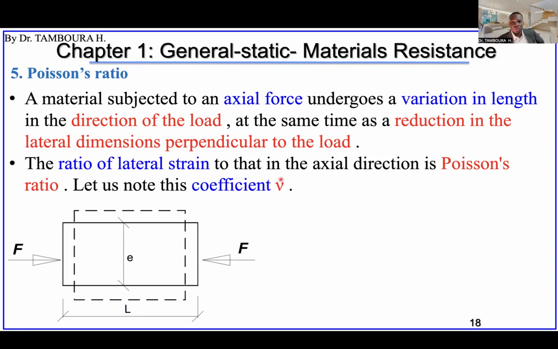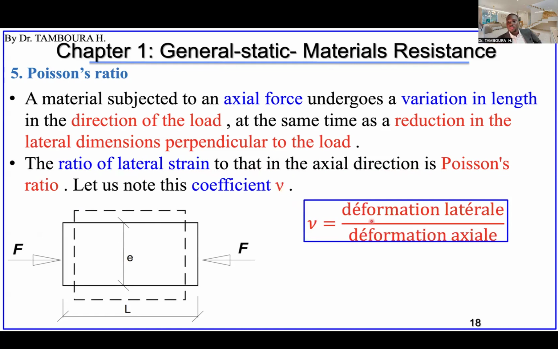Okay, and this coefficient, maybe this symbol means nu. So lateral deformation, this one is not translated because normally it should be from French. Okay, but you can try to read in French. Deformation here means lateral.